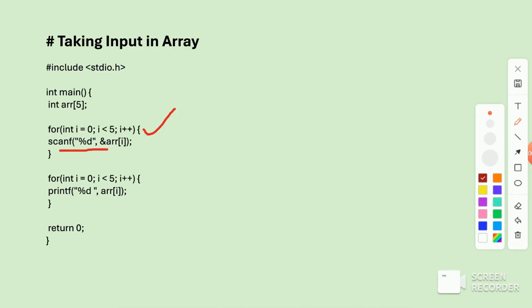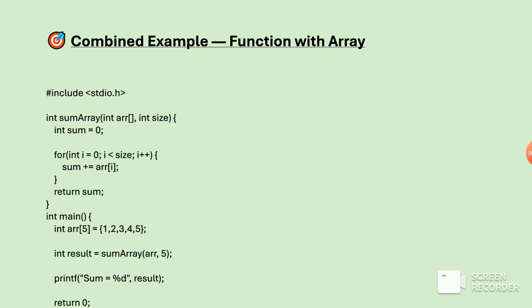We have an array of size 5, and in the next for loop we print it. This is an example of taking input and printing the 5 elements of an array. In the next slide, a combined example of functions and arrays.